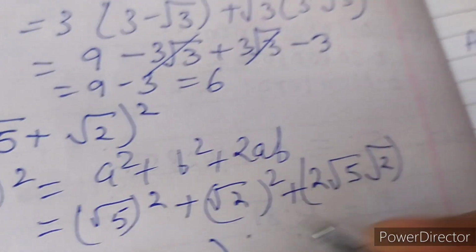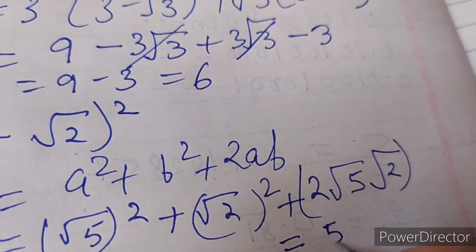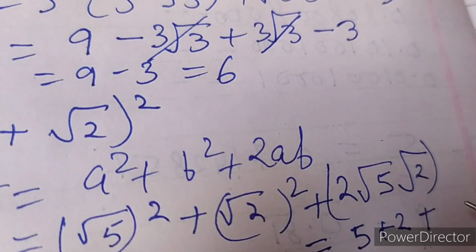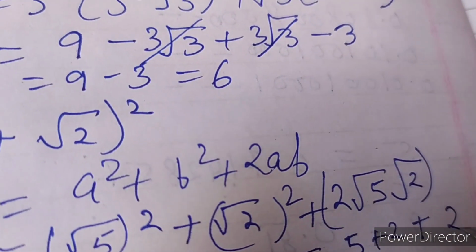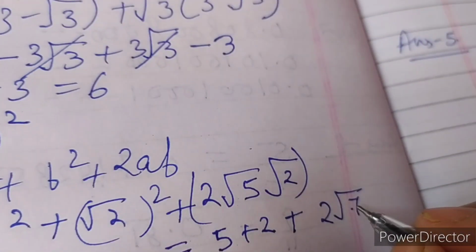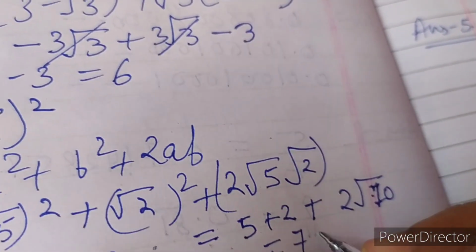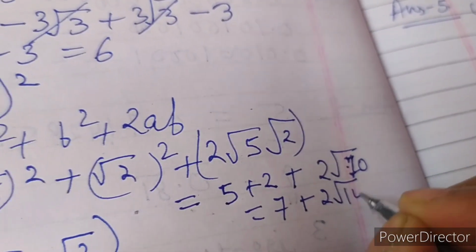This you will multiply and answer you will get as 5 plus 2 plus 2 into under root 5, that is 2 under root 10. That is equal to 7 plus 2 under root 10.